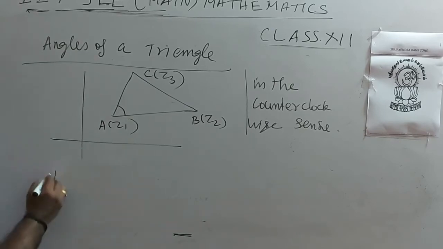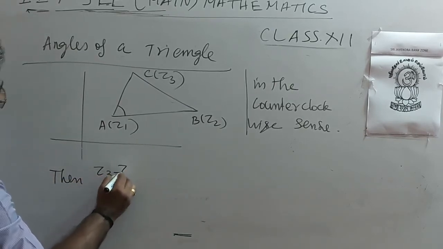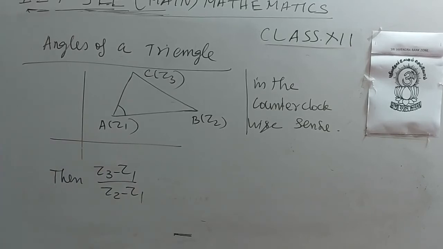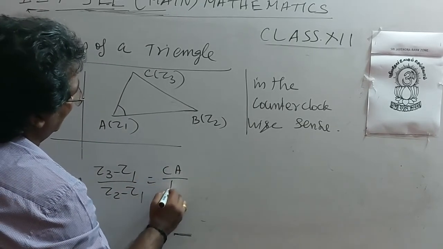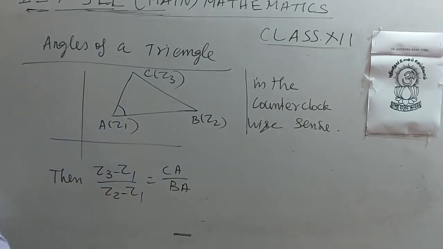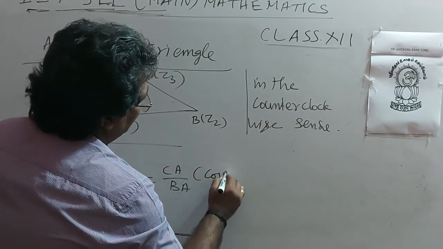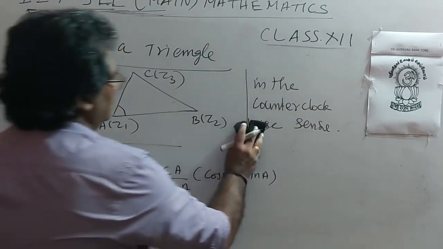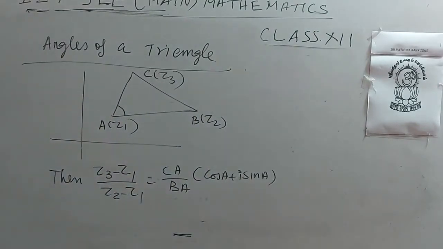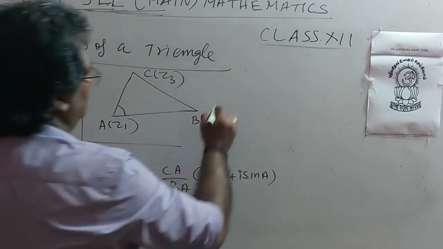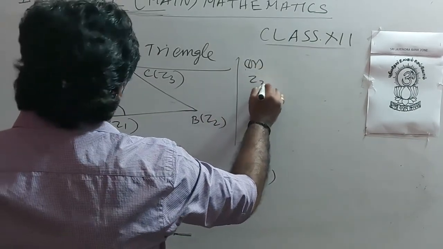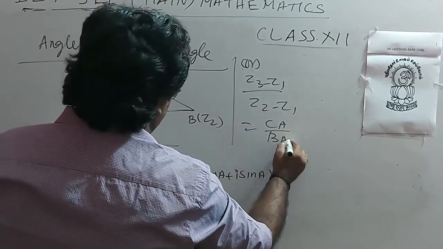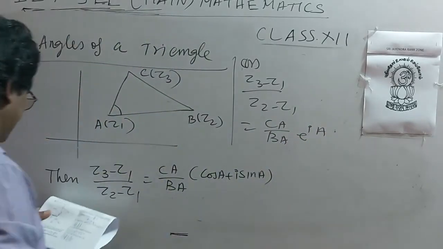Then Z3 minus Z1 divided by Z2 minus Z1, that is CA by BA into cos A plus i sin A. Or Z3 minus Z1 divided by Z2 minus Z1 is equal to CA by BA e power iA.